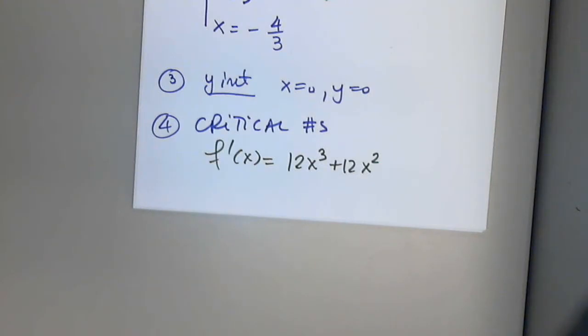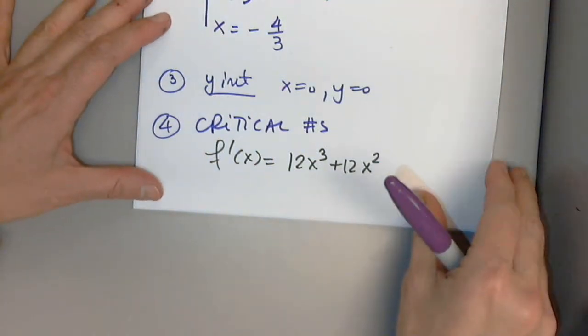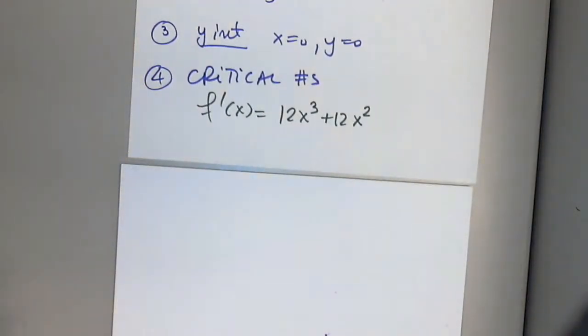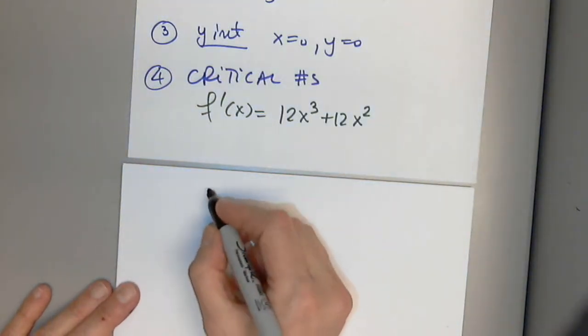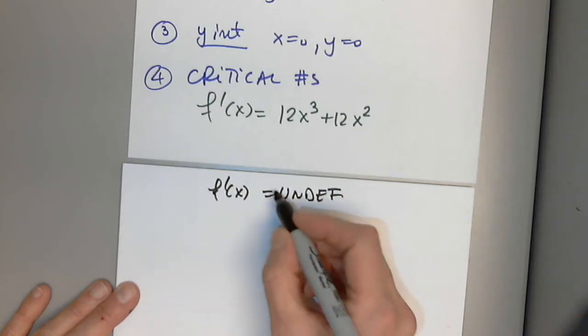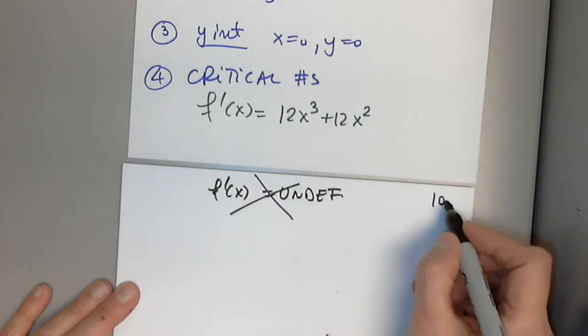I found the derivative, and now what is next? After finding the derivative, I must solve the equation. So remember, critical numbers come from f prime being undefined, which is a waste of time for this function.